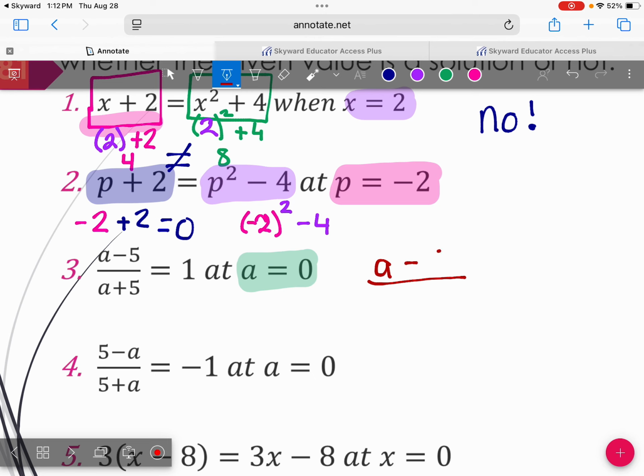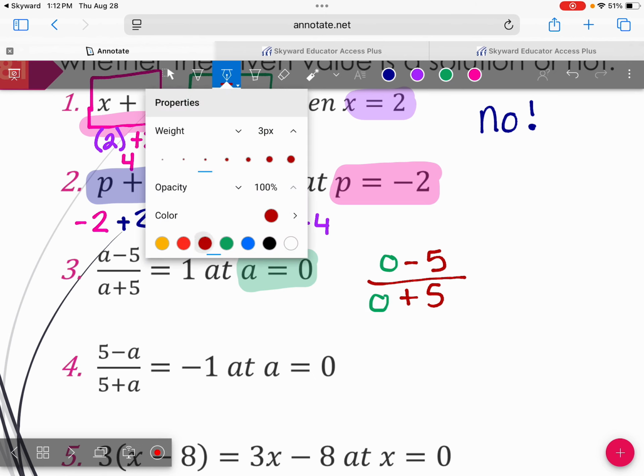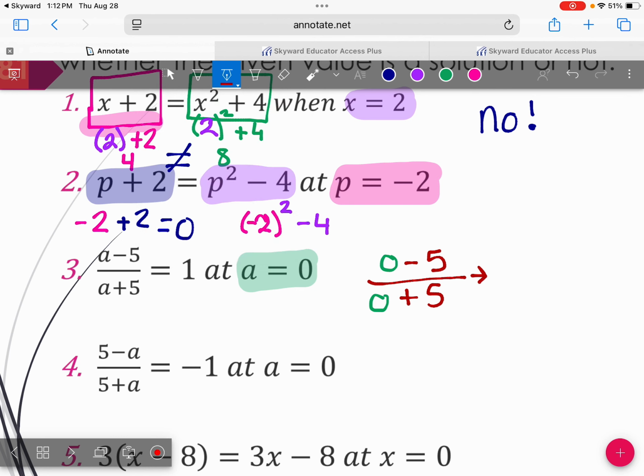So we take our a minus 5 and a plus 5 and do our substitution. Instead of a's, I'm going to put in my 0, because they want to know what happens when a is 0. What do we get when we simplify this? -1, because we get -5 over +5, which is the same thing as -1.